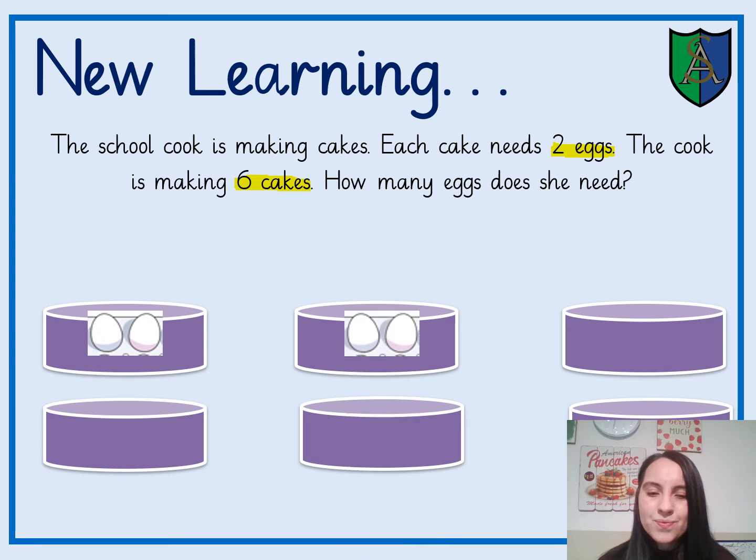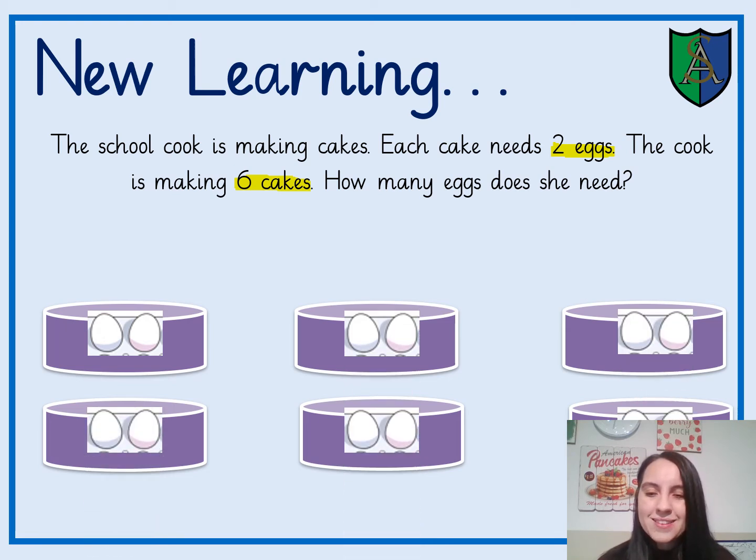There's 2, another 2, and another. And let's keep going until we've got all of our eggs on the cakes. Okay, now we have 2 eggs on each of our cakes. There are 6 altogether, 6 groups of 2. Let's go ahead and count them now to find out how many eggs we will need. 2, 4, 6, 8, 10, 12.